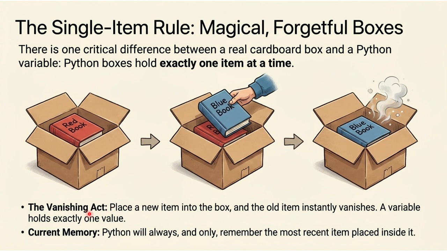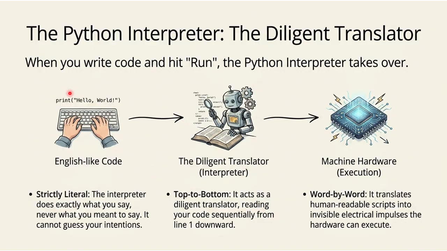So that's what is written over here. Place a new item into the box and the old item instantly vanishes. A variable holds exactly one value at a time. Current memory. Python will always and only remember the most recent item placed inside it. Now let's move on to the next slide.